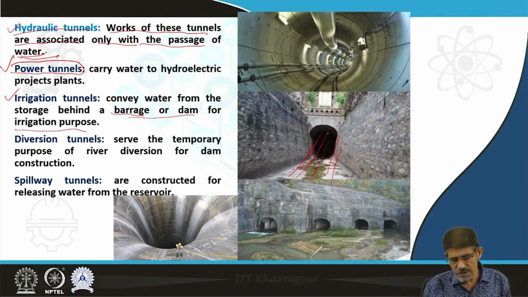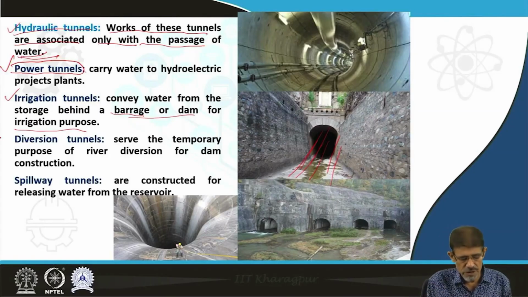So it means the irrigation tunnel facilitates the supply of water from the reservoir side to the agricultural field through canals and others. After the supply of water through this tunnel, on the outlet side we have some channels and canals for distribution of water to the agricultural field.